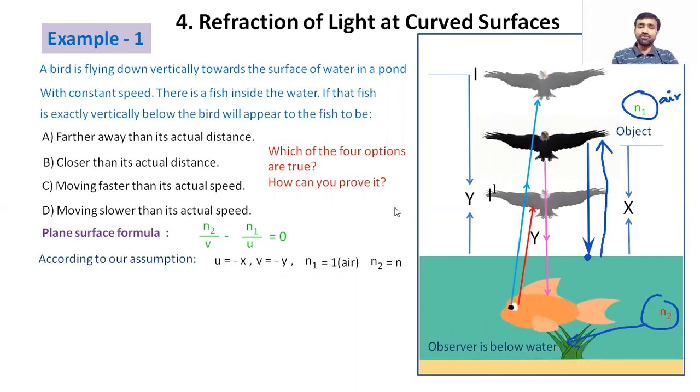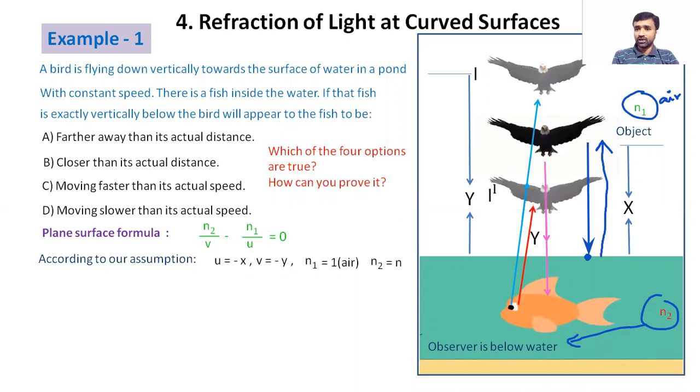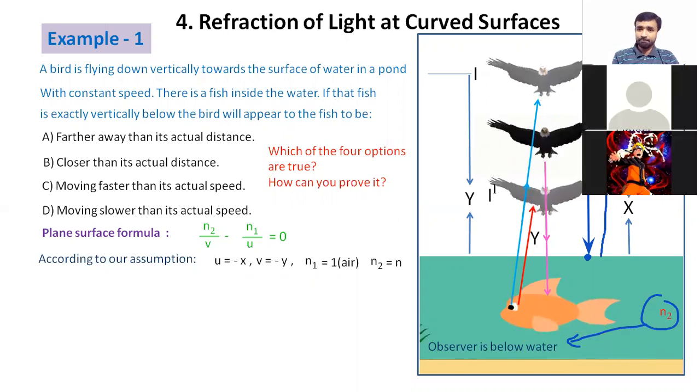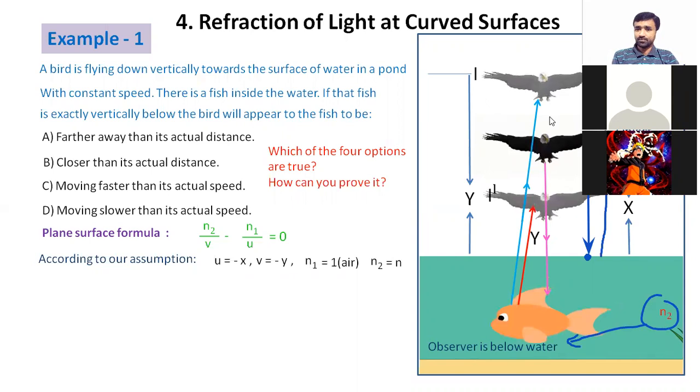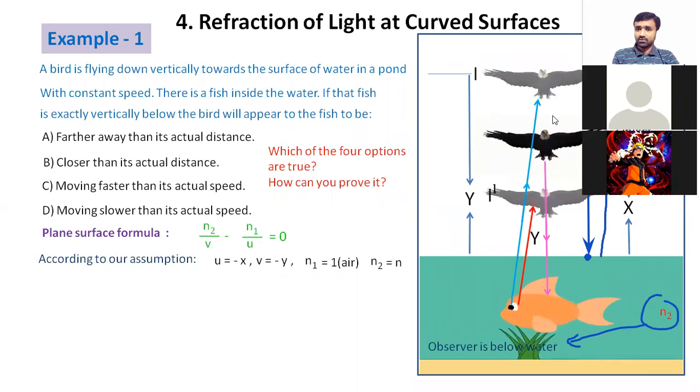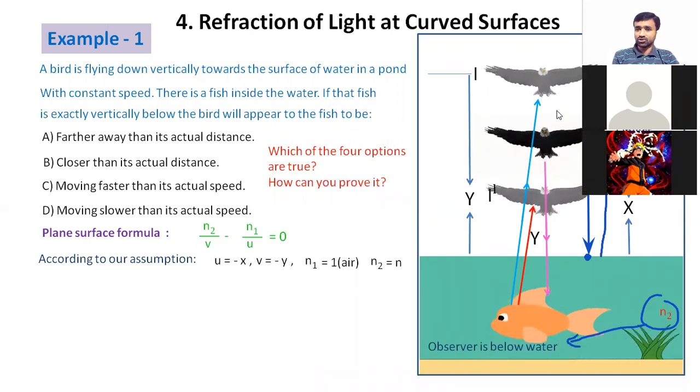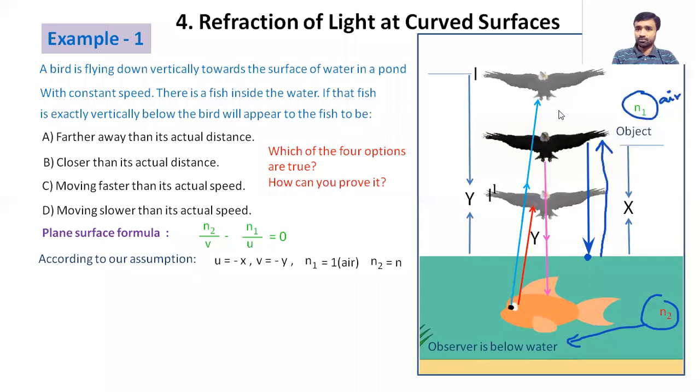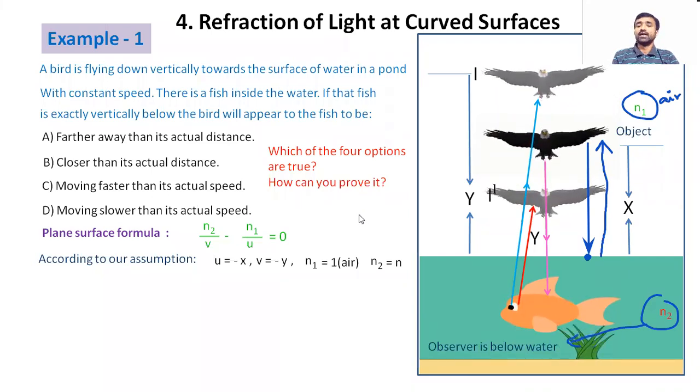Let us substitute these values in the equation. Are you clear about these measurements? Look at the picture if you have any doubts. So I got u equal to minus x, v equal to minus y, n1 equal to 1, n2 equal to n.